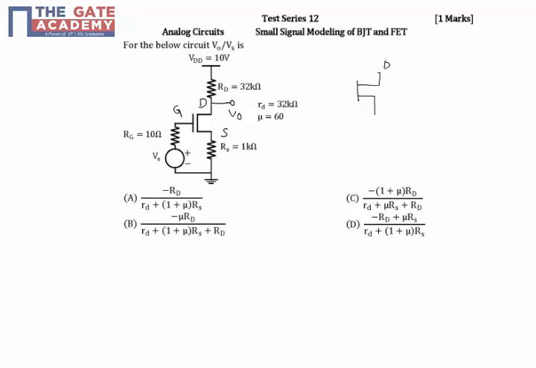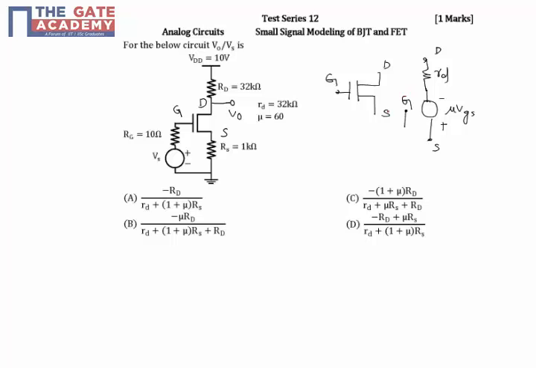So when we are representing this with its equivalent R model, I will be representing with resistance RD in series with minus plus mu into VGS. This is D, this is S, and here G will be floating because these FETs offer very high input impedance, so that's why this G point will be floating.